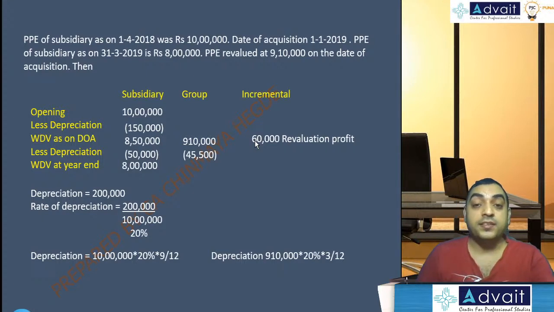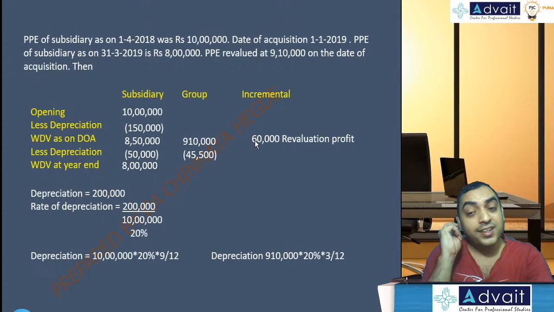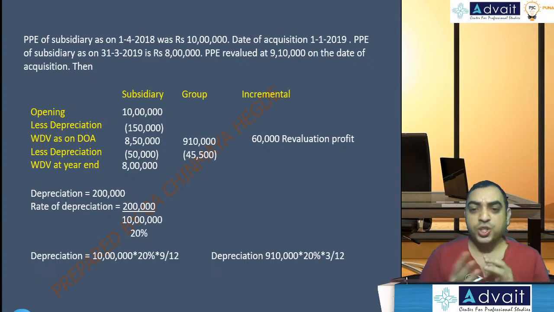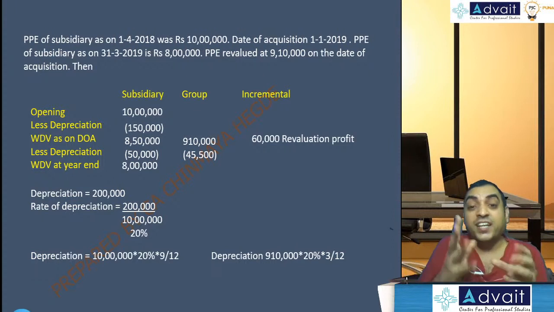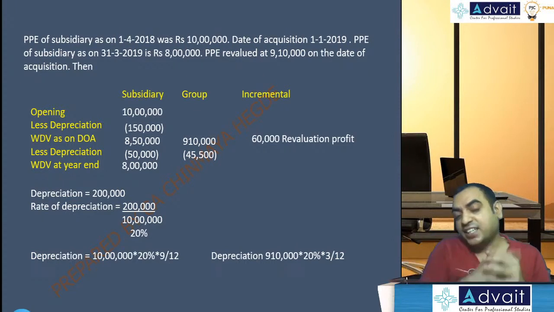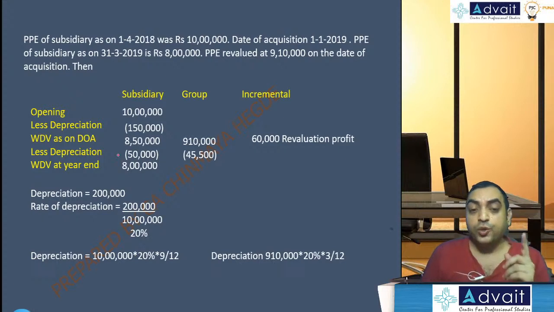To be reduced means that is the depreciation to be written back. And mostly we always discussed, whenever there is a revaluation profit, depreciation will be an expense, and whenever there is a revaluation loss, depreciation will be written back. But this case it is not. I'll tell you why it is not happening when this special situation arises.